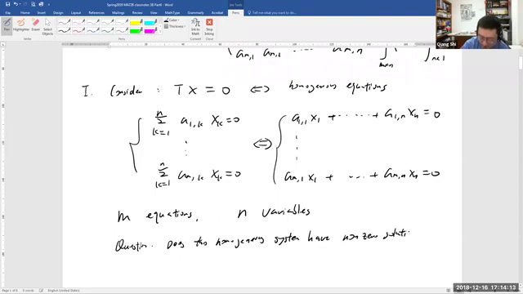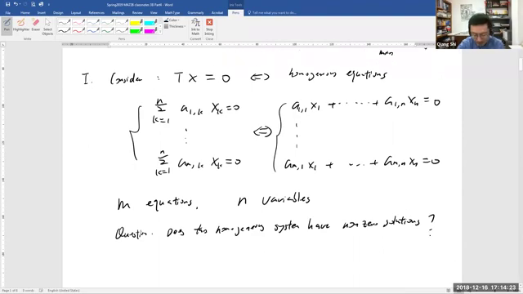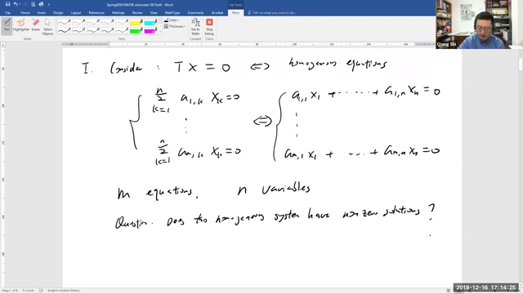Sometimes in linear algebra textbooks, they call 0, because it automatically is a solution, a trivial solution. So we're looking for the non-trivial solutions to this. So how do you know whether there is a non-trivial solution or not?